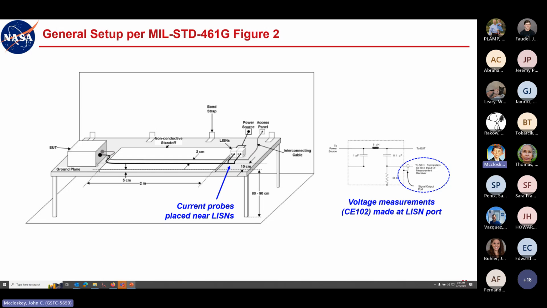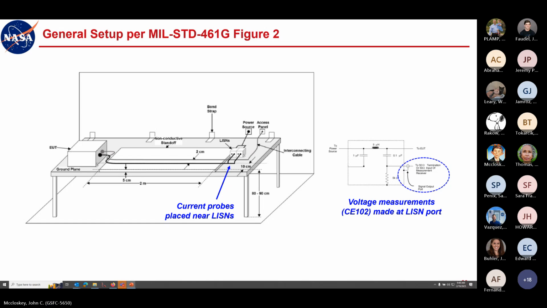So I think it's a good measurement technique, a good test method when it's applied appropriately. And that's a statement across the board. Any test method when it's applied appropriately is a good test method. But when you're fitting a square peg into a round hole, then it's not.